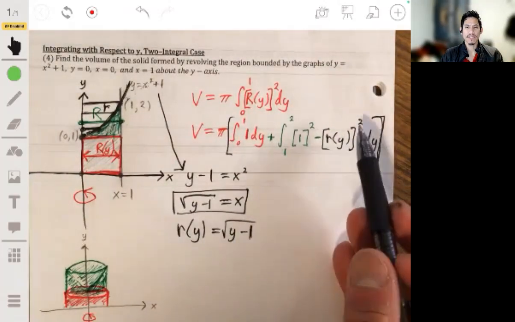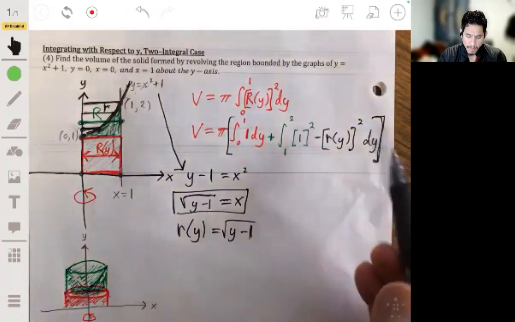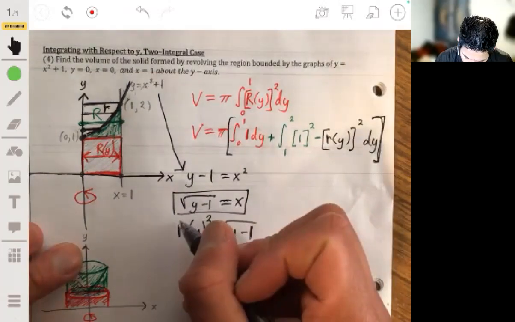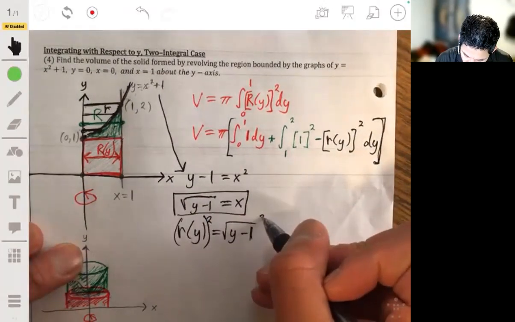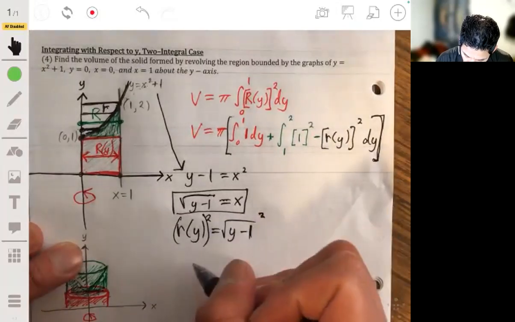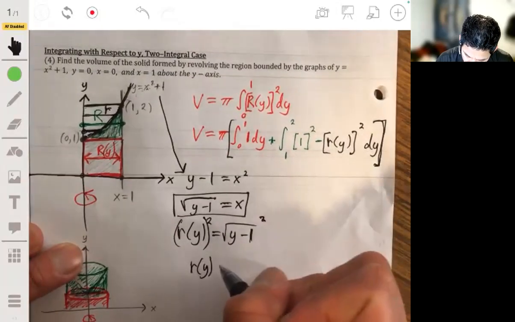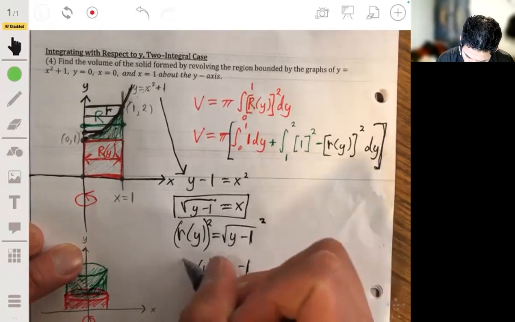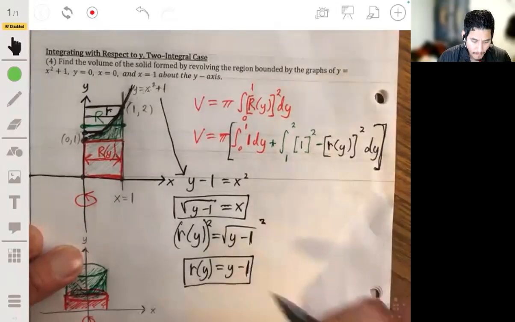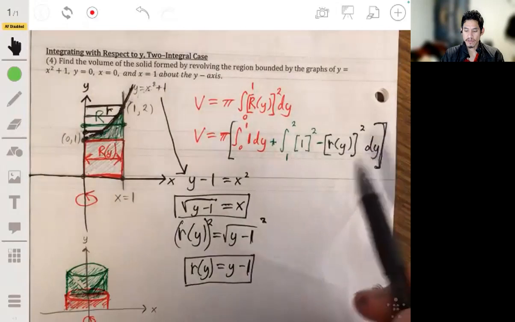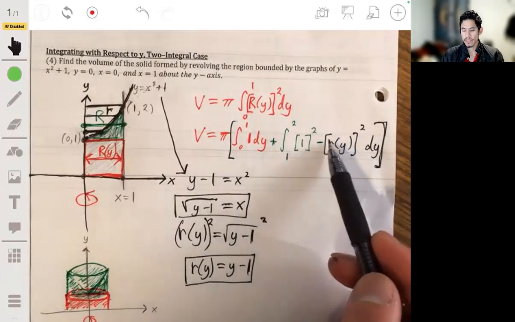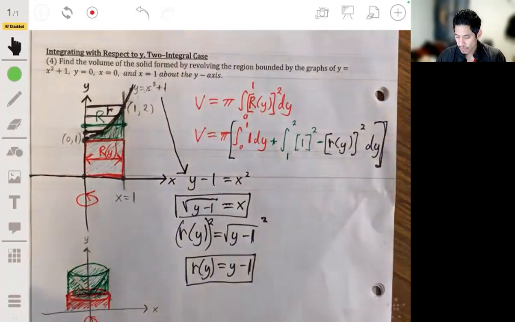And this is r of y squared, so the squaring just undoes the square root. So r of y squared is simply y minus 1, and this part here just becomes y minus 1.